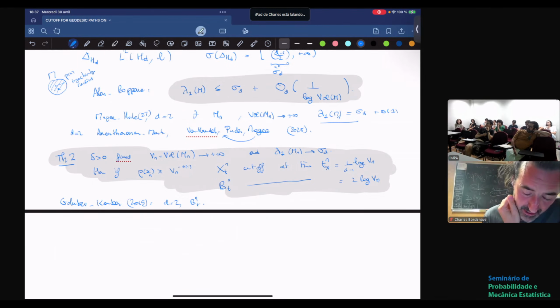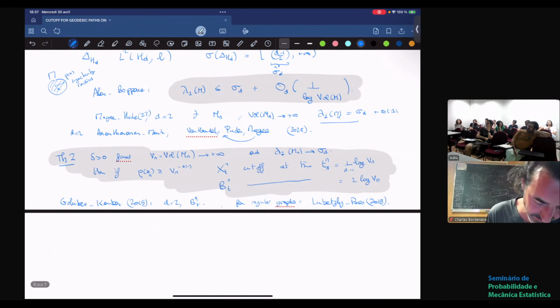There is an analogous result for regular graphs, which is due to Lubetzky and Peres in 2019. This paper inspired the paper of Golubev and Kamber and has inspired our proof.